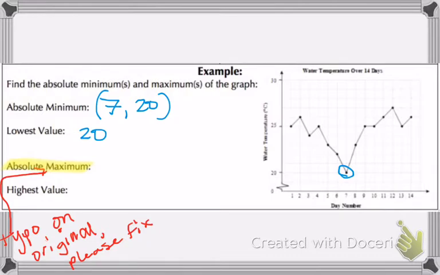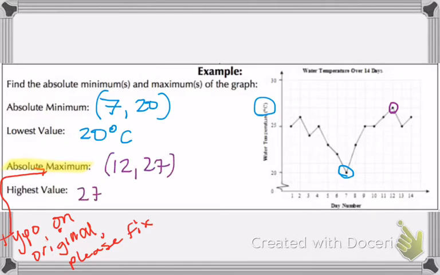Now this graph tells a story, and this is temperature, so we would say degrees Celsius because that is the degrees Celsius here on the y-axis. So the absolute maximum is this value right here, which is a 12, that looks like about 27. So 12, 27.